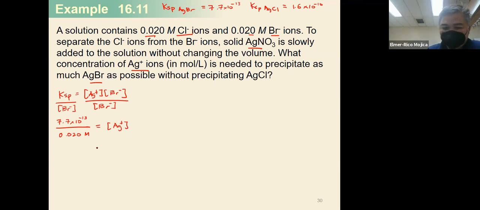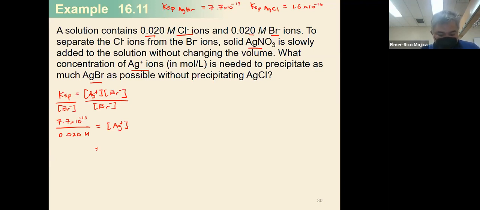The answer is the minimum amount of silver ion needed to precipitate silver bromide.